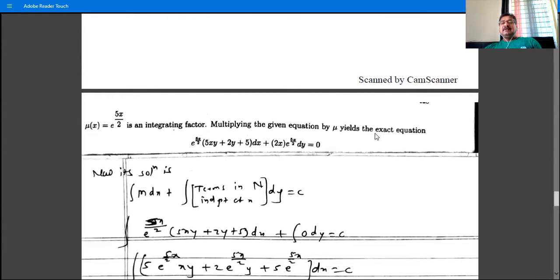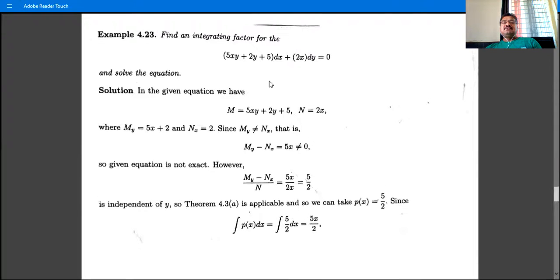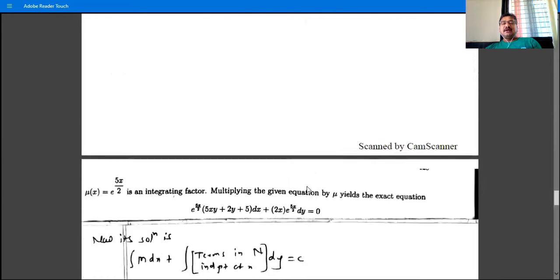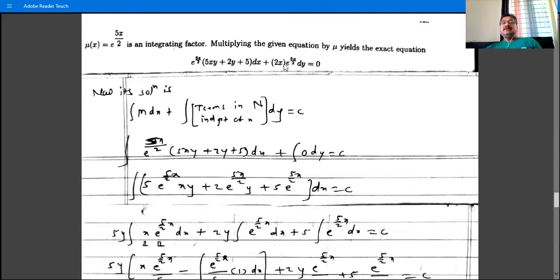So multiplying the given differential equation by the integrating factor e raised to 5x by 2, this differential equation is now an exact differential equation. After multiplication by the integrating factor, the non-exact differential equation is reduced to an exact differential equation.